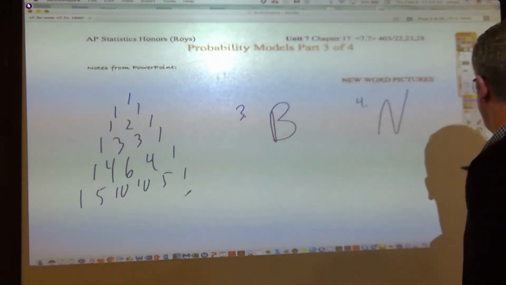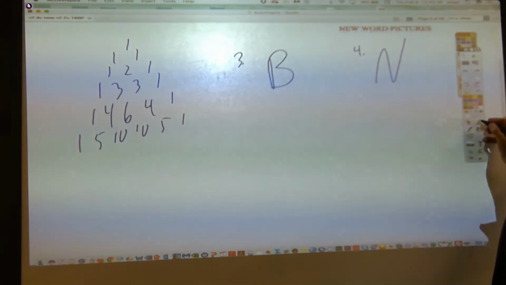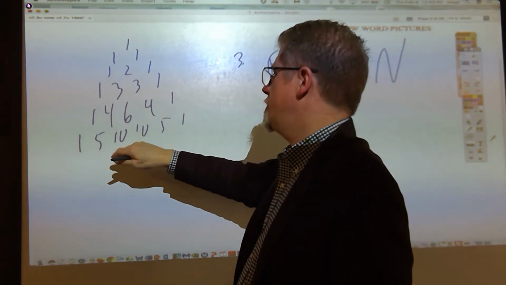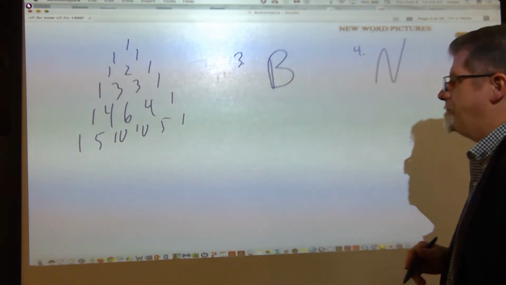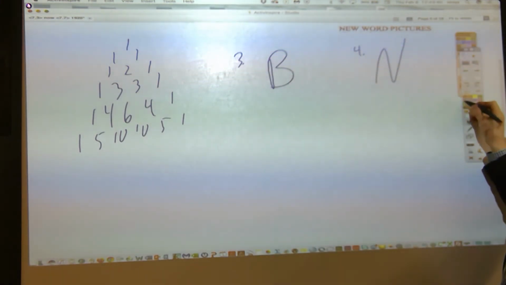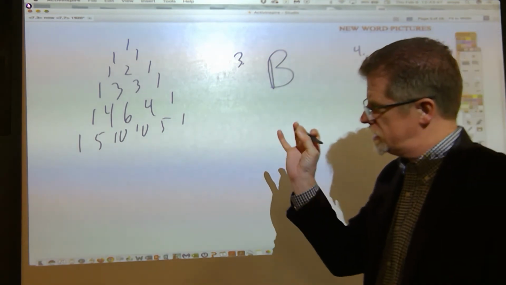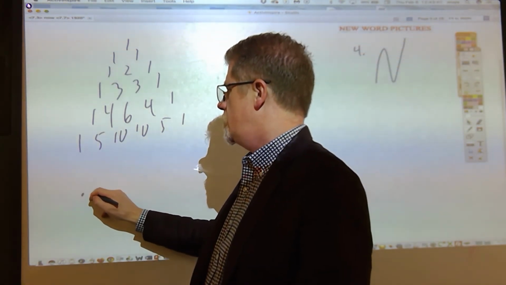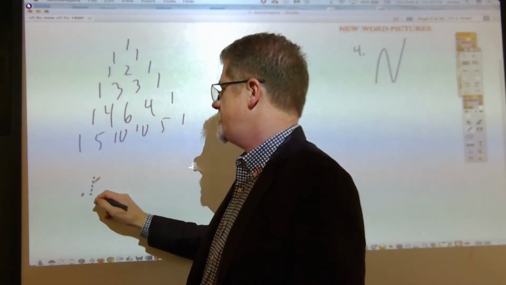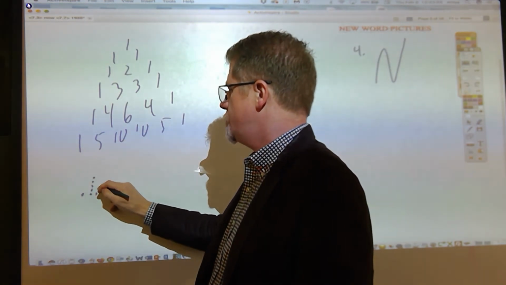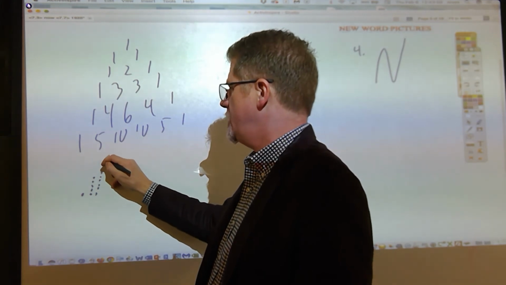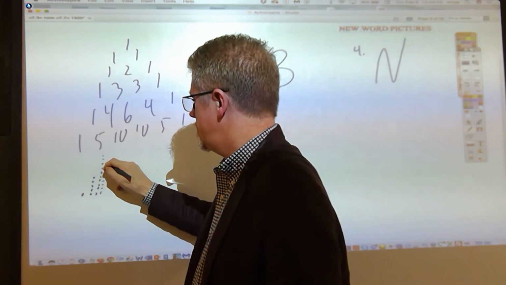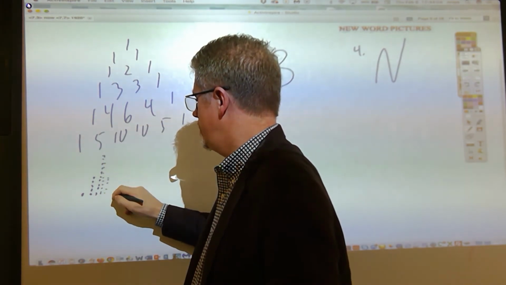If I were to add these up, you get 32 BBs, so you have 32 small steel balls. It's like in the first bin there's 1, and then 5 in the second bin, 10 BBs in the third, 10 in the fourth, 5, 1.